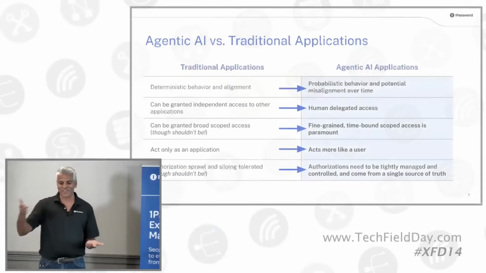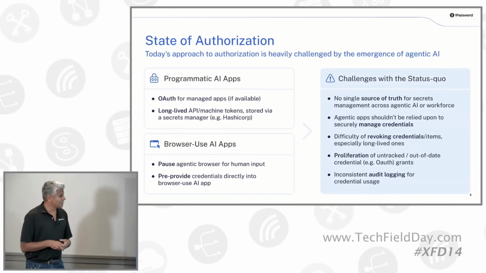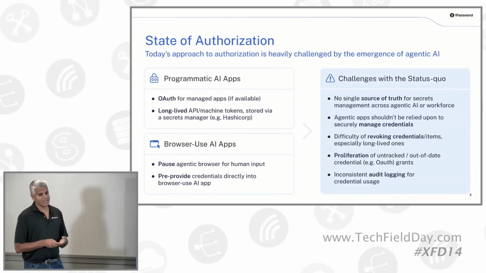So, double clicking one more time: what is the state of the art in terms of these agentic AIs? What can we do today? For programmatic AI, like you said, you can use long-lived API tokens, or you can use OAuth. Those are the two things that are available. For browser-use style agentic AI, the state of the art is that the browser use basically stops whenever a credential is needed.